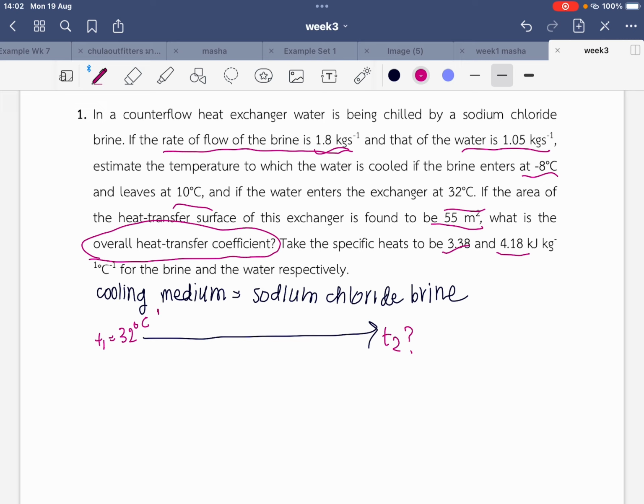And for the water, it is 1.05, and CP is 4.8, and then 55 meter square for the second one.